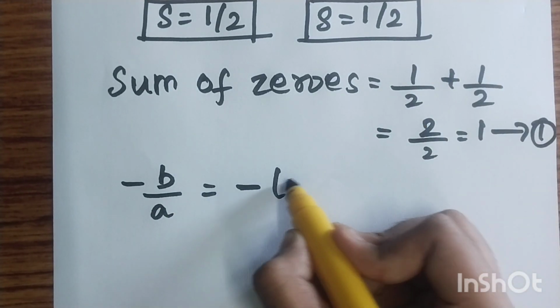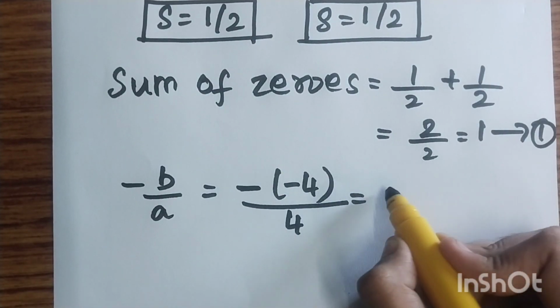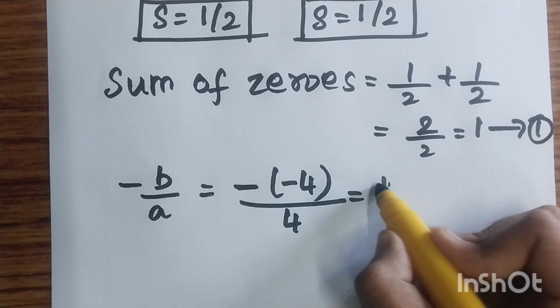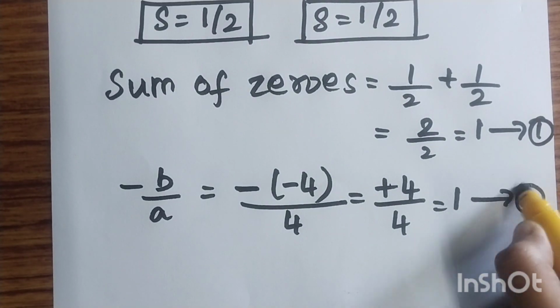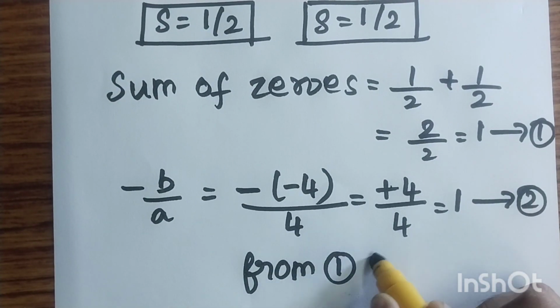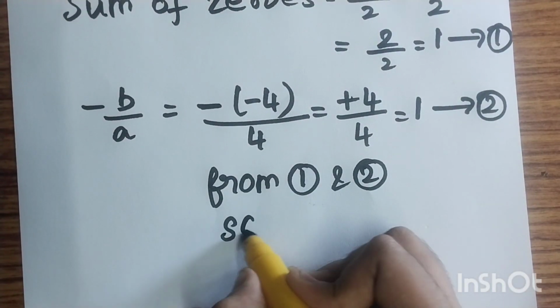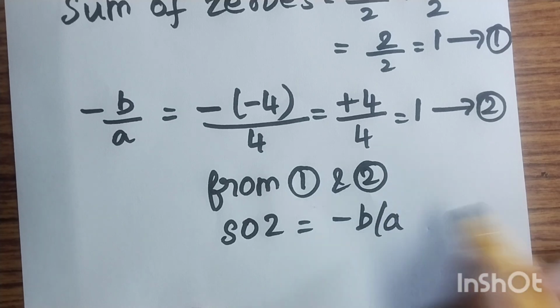So my value of b is minus 4 by 4. Okay, so minus 4 and minus minus plus, so plus 4 by 4, it is 1. So from 1 and 2, SOZ, which is nothing but sum of the zeros, is equal to minus b by a.